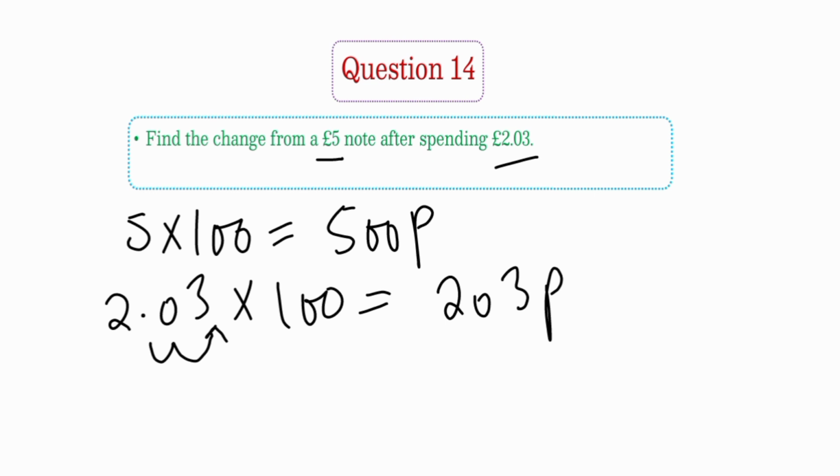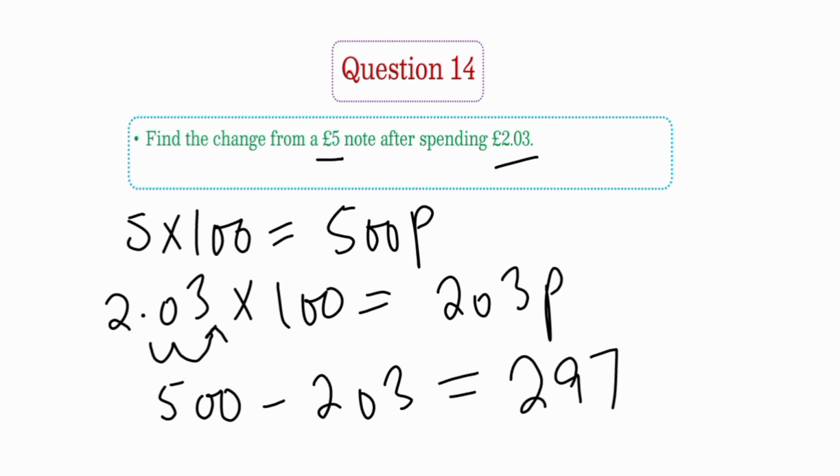What change would you get? Now to work it out, simply from 500 take away 203, because you have spent 203. If you take away 203 from 500, we get 297 pence.